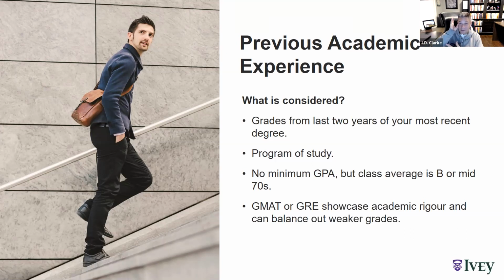But one of the things in MBA programs that's great is we have this thing called the GMAT. And so what we do, and we're going to be very similar to other schools, is we look at the GMAT in combination with your academic experience. So if you have poor grades in your undergraduate degree, there is nothing you can do about that to change it. But what you can do is write a strong GMAT.